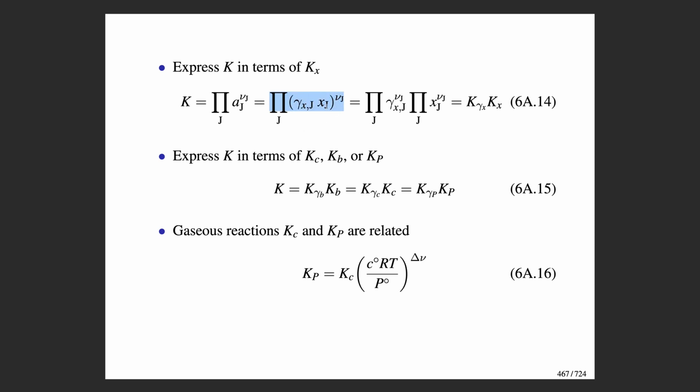So here's the formal thermodynamic definition of the equilibrium constant, and here we're substituting in the definition of activity in terms of mole fraction. That product then separates into two products, one involving the activity coefficients and another involving the mole fractions. And so you can define this to be Kx, and this is the equilibrium constant involving the activity coefficients.